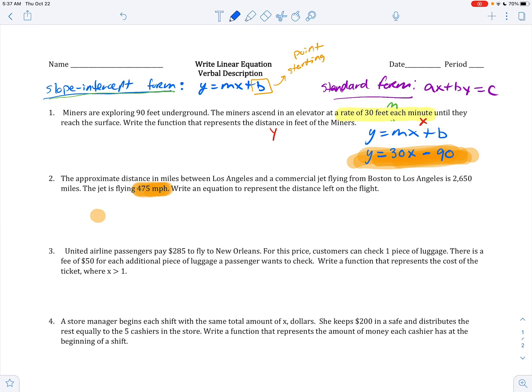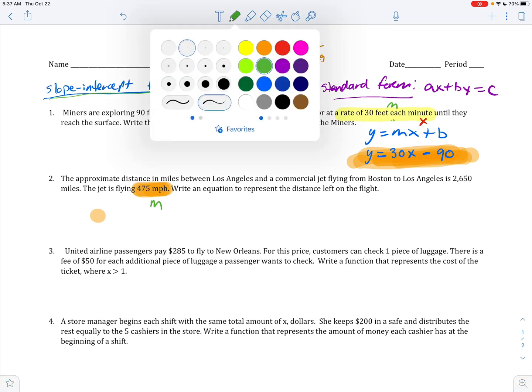So we can go ahead and identify this is our slope. Right? So what's our x? Because if we find the slope in a word problem, the x is not far away from it, right? So this per hour, right? That's our x, hours.